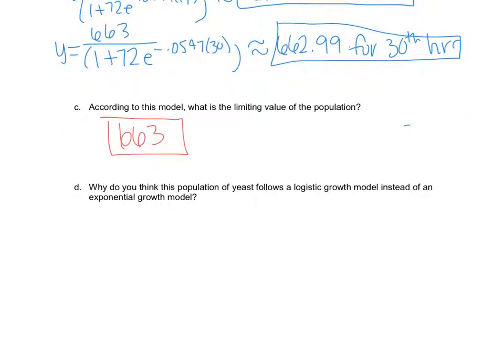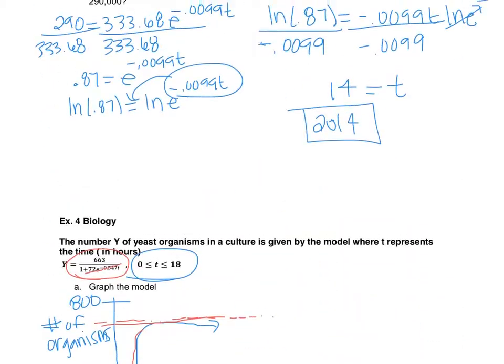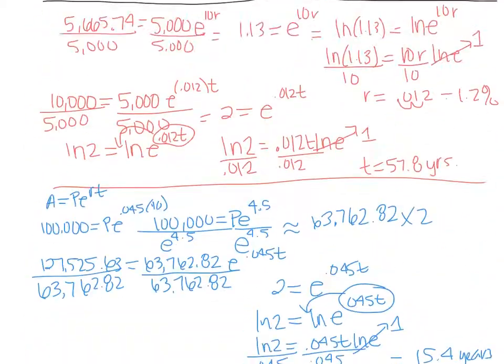Now it says, why do you think this population of yeast follows a logistic growth model instead of an exponential growth model? So let's go back up to where our formulas were.